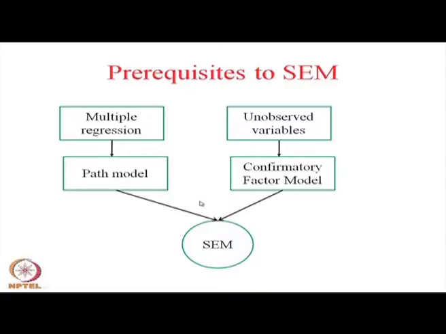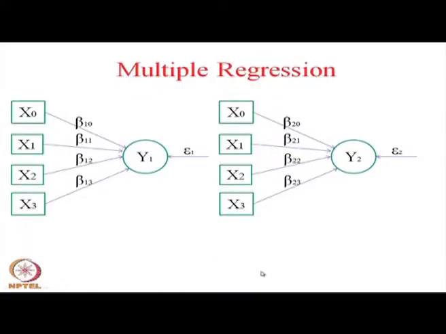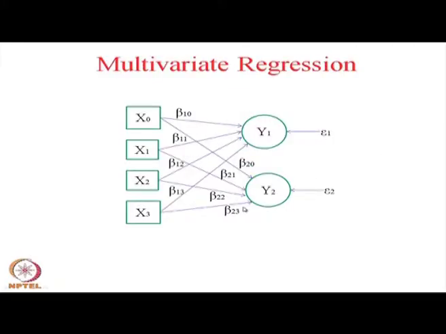Let me recapitulate a little bit of the prerequisites. I know that all of you have seen this type of pictorial representation for multiple regression, where y1 is affected by several variables, as well as y2 is also affected by the same sets of variables x1 to x3, and when there is more than one dependent variable, we have seen that multivariate regression is preferable.